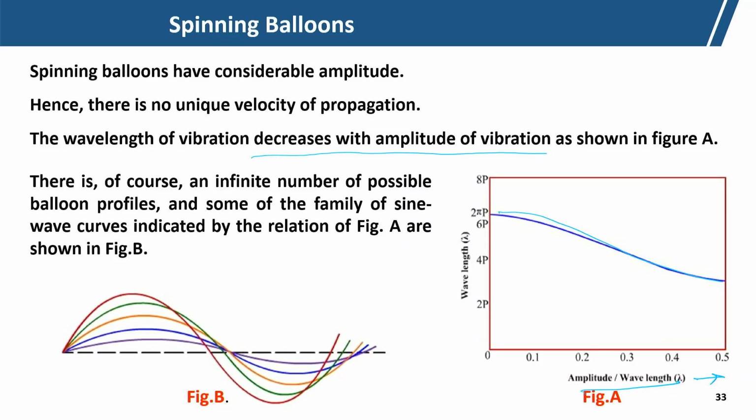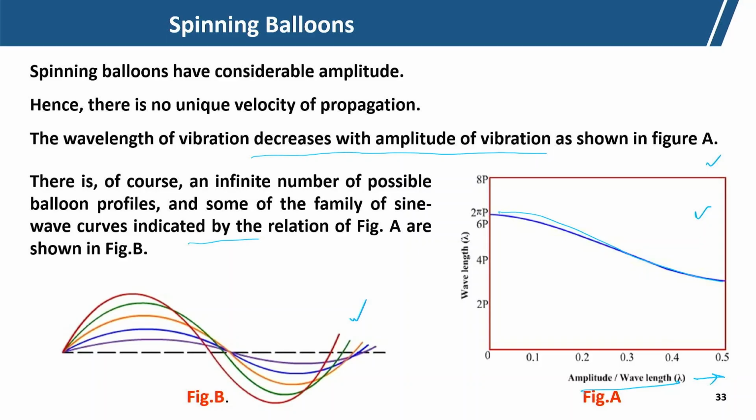So, the balloon profile can be of any type, different types of profile, and some of the family of sine wave curves indicated by the relation in figure A, and as shown in figure B. These are the different types of waves. Possibly these are the balloon profiles, and we can see the wavelength is changing.